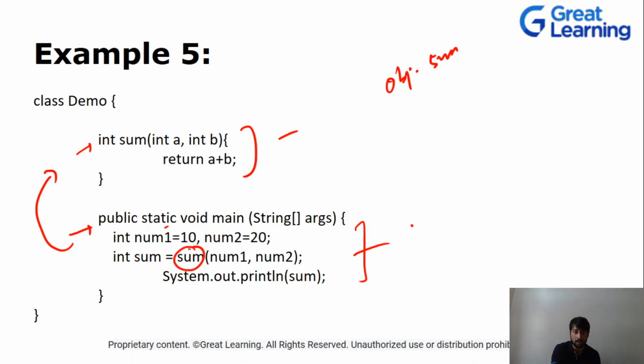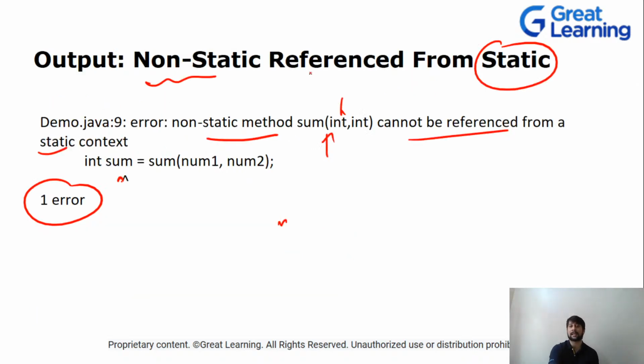But over here, we are directly calling it by its name without creating an object, which is not possible, and would only be possible if it were static. That is what is meant by non-static members cannot be referenced from a static context.